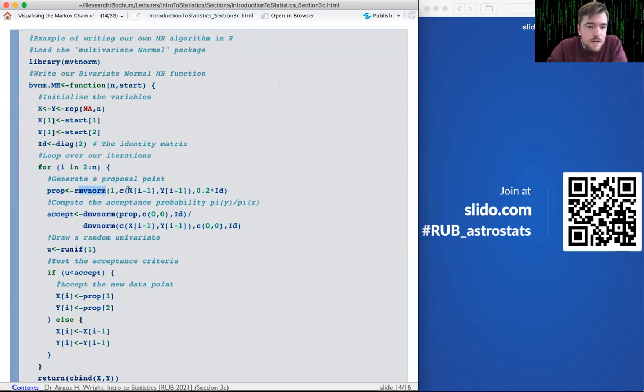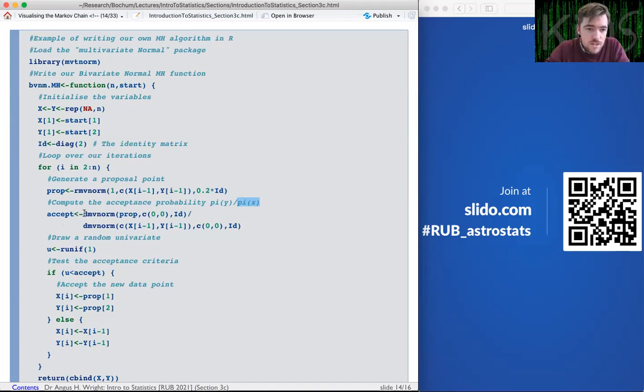It's a Markov chain, so it's based on the previous state, and our generation function had a sigma of 0.2 times the identity matrix. The acceptance function is pi, the target distribution evaluated at the new point, divided by the target distribution evaluated at the current point, because our candidate generation function is symmetric.